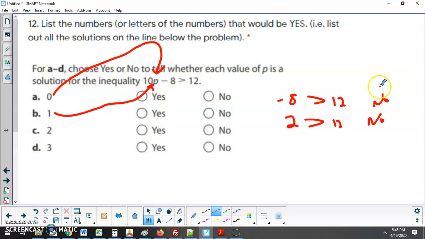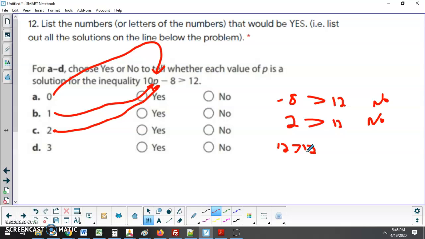All right, now let's go with plugging 2 in. We plug 2 in, we get 10 times 2 is 20, minus 8 is 12. Is 12 greater than 12? So, do you know what an inequality is? That is the question. Some of you don't.